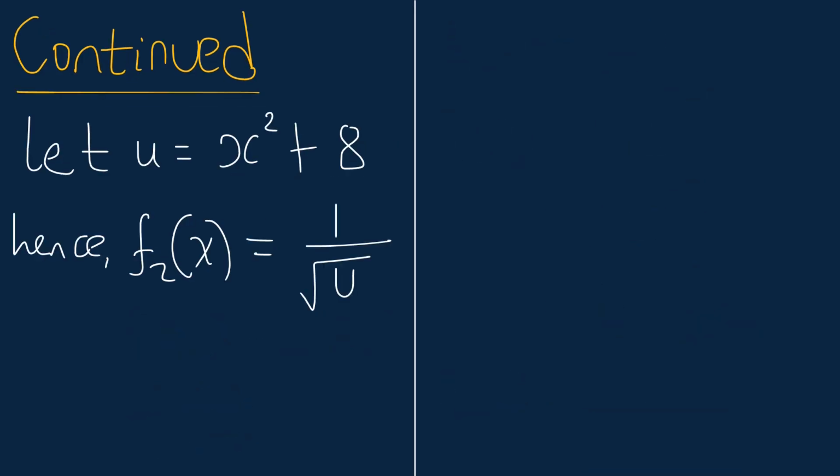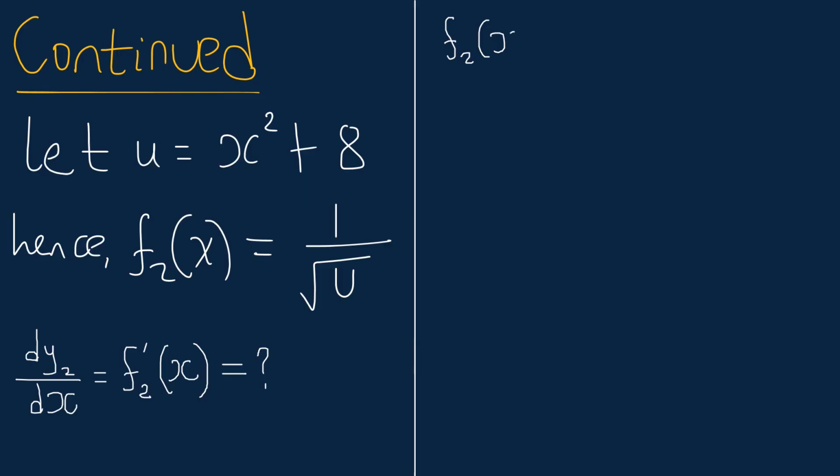Apply the chain rule differentiation formula. Let u be equal to x squared plus 8. We need to solve for dy du. Keep an eye on the square root of u.